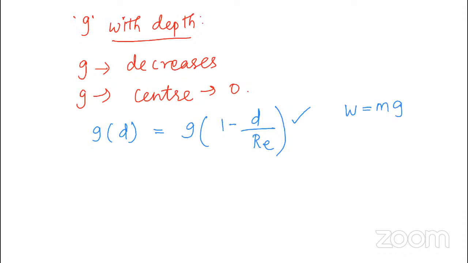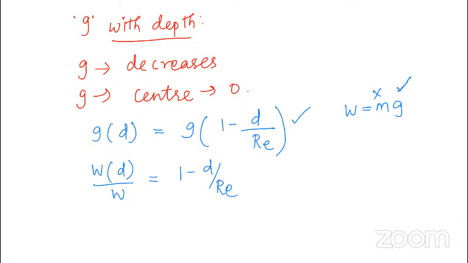Here m is a constant, so you should not worry about m, and the variable quantity is g. Now we write the expression for weight at depth divided by weight at the surface, which is equal to 1 minus d by R_E.